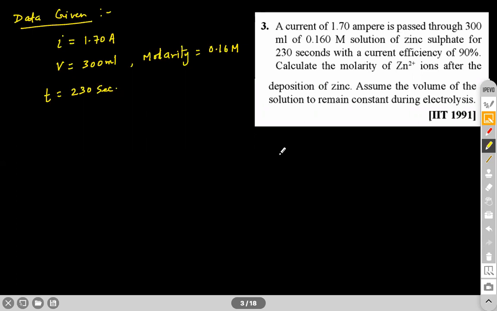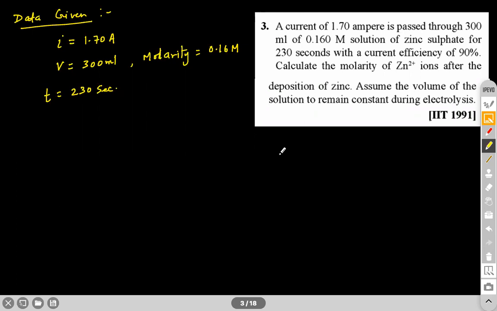Now, this is a very good question. What happens if you allow the current to pass through? There will be a redox reaction. Zn2+ gets reduced and deposited as solid Zn on the cathode electrode.